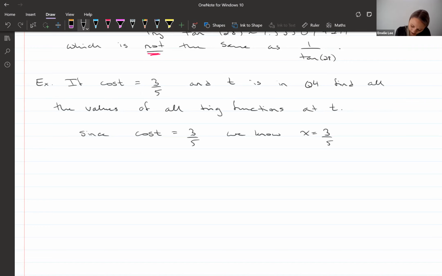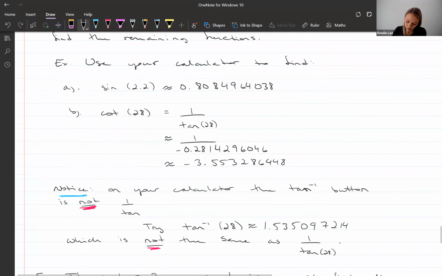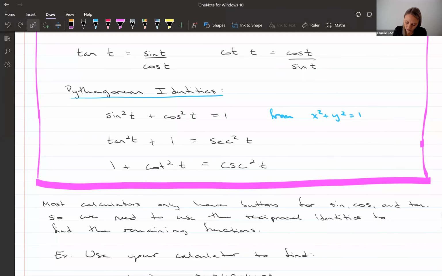Okay. So now we need to find y. How are we going to do that? Well, the most common thing to use is this Pythagorean identity, right?